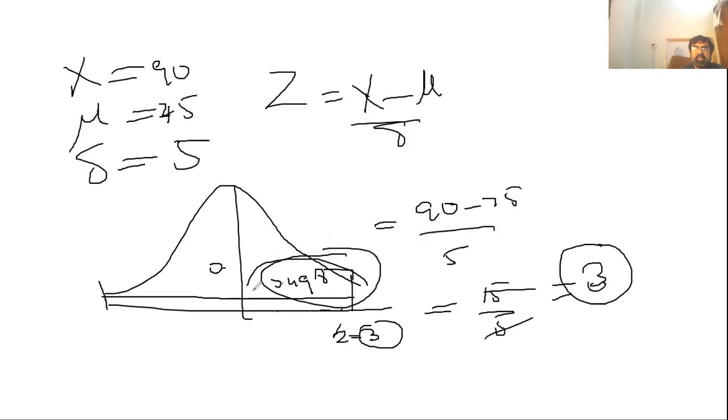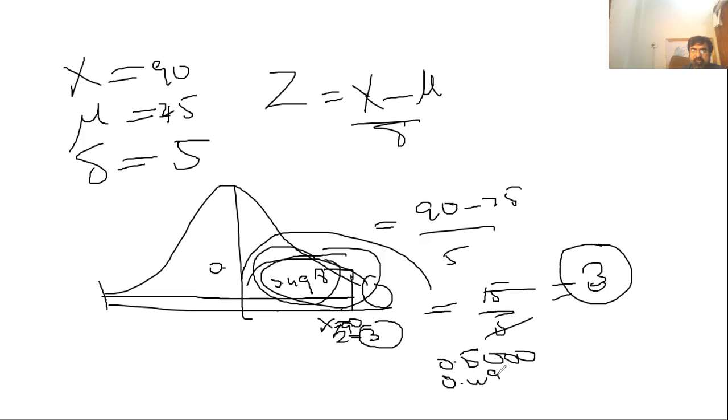So what is the percentage of those students who will get above 90 marks? Now the total area from here to here is 0.5. To obtain this area, you have to subtract 0.4987 from 0.5, and that will become 0.0013.